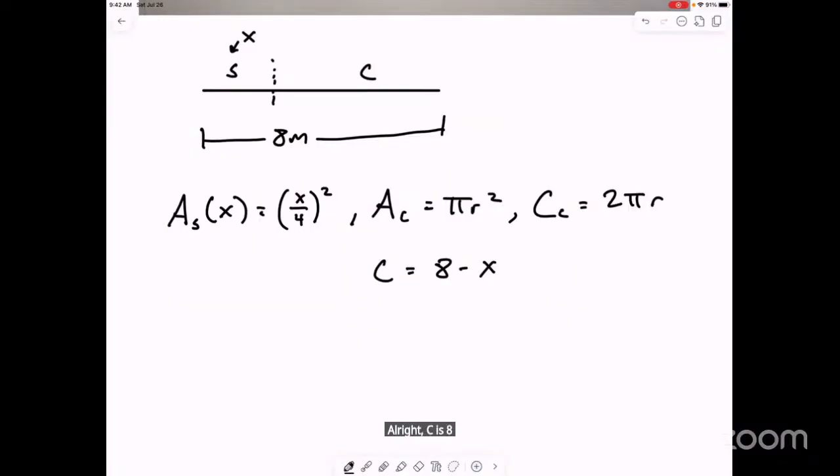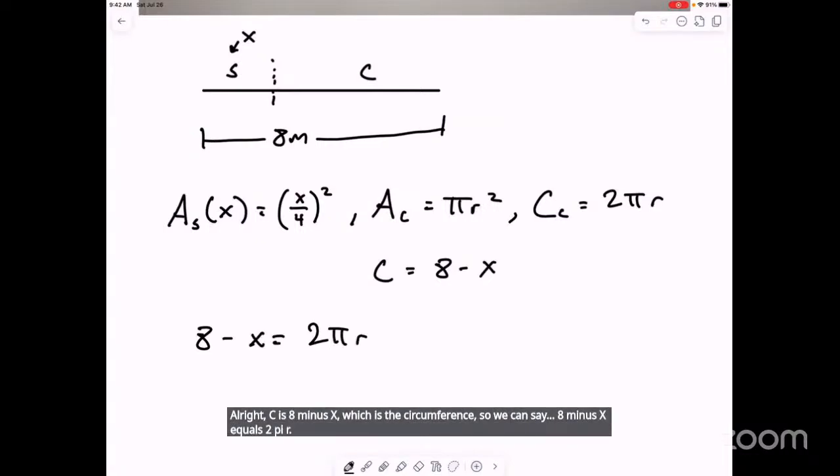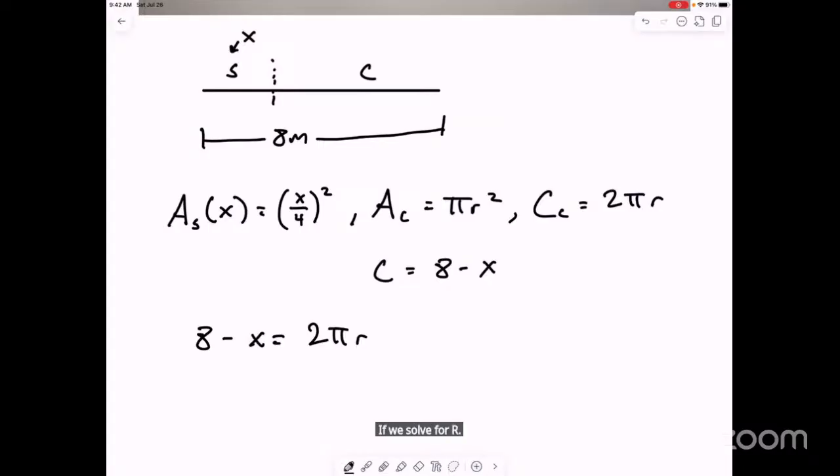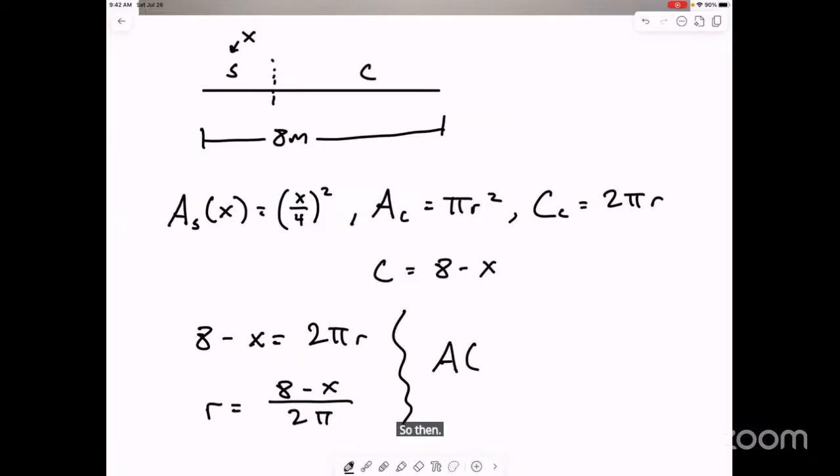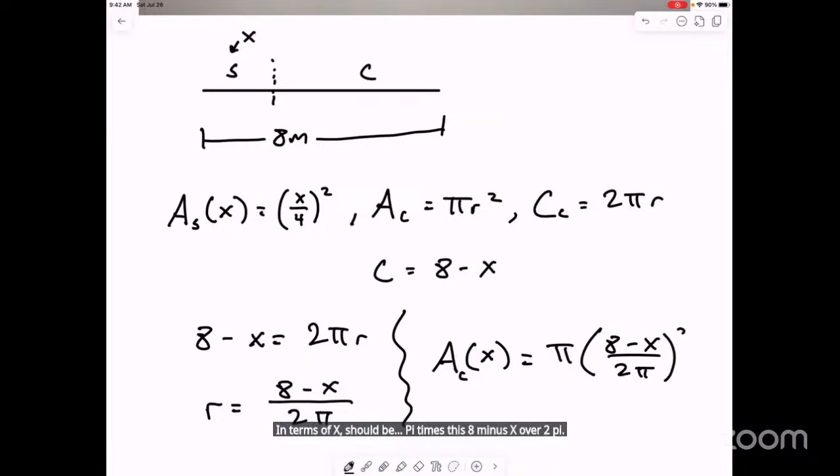C is 8 minus x, so we can say 8 minus x equals 2 pi r. If we solve for r, r is 8 minus x divided by 2 pi. Then if we plug this into the area formula for a circle, A of x, the area of a circle in terms of x, should be pi times the quantity 8 minus x over 2 pi, squared.